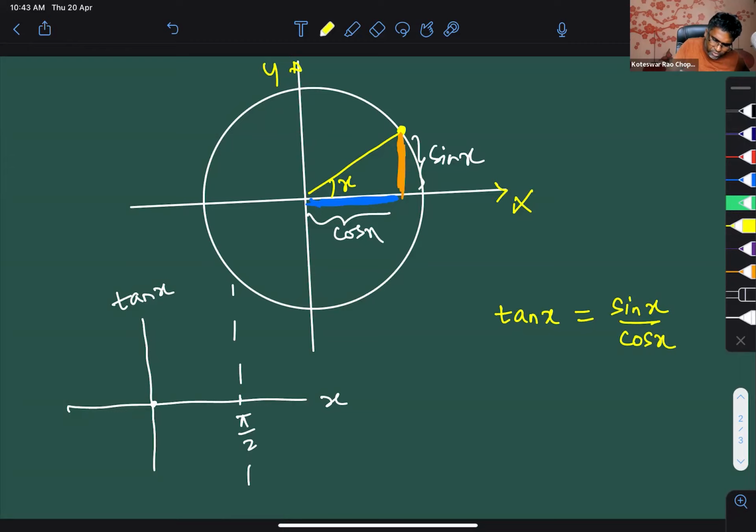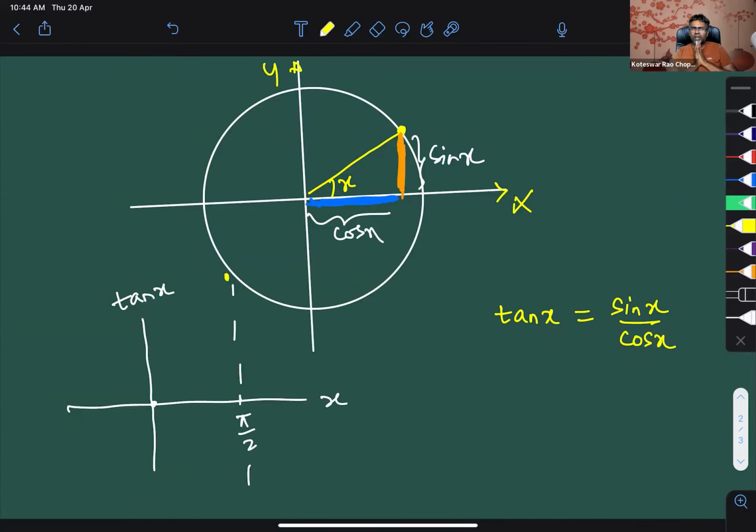So we know that they become very, very large. But now, how do I really go to that value? To really understand that, you need to see what is happening in between. Now, let's take a few values of tan.